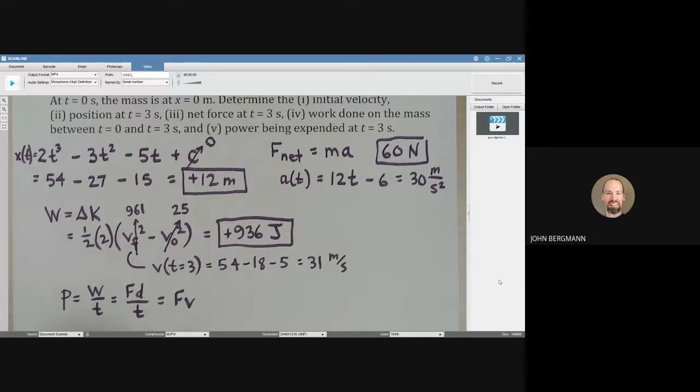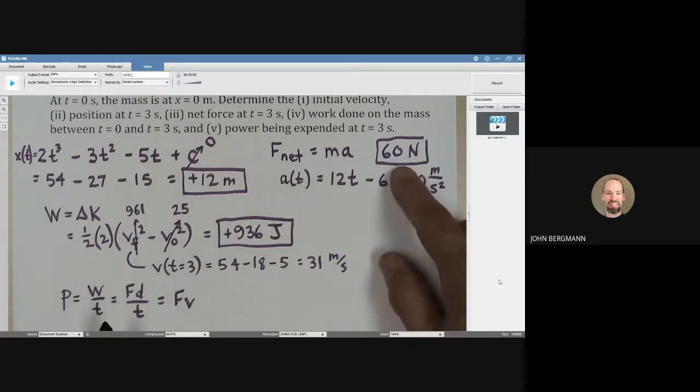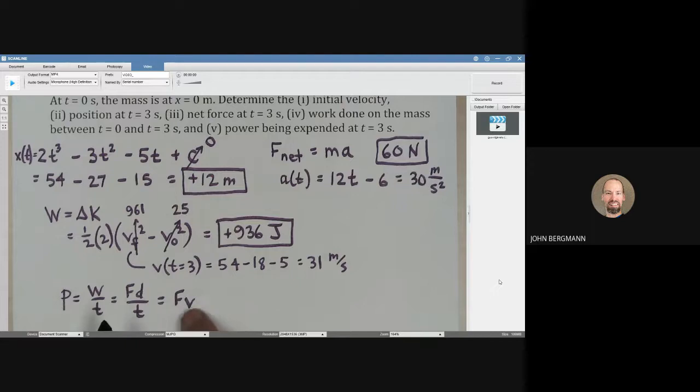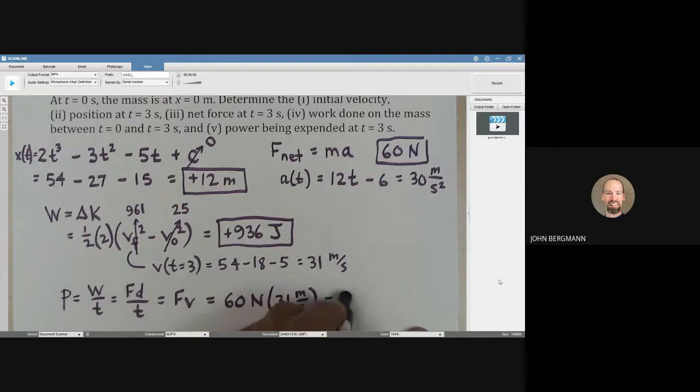So if we have the force at 3 seconds and the velocity at 3 seconds, then we can find the power at 3 seconds. The force at 3 seconds is 60 newtons, and the velocity at 3 seconds is 31 meters per second. So at that instant, 1860 watts.